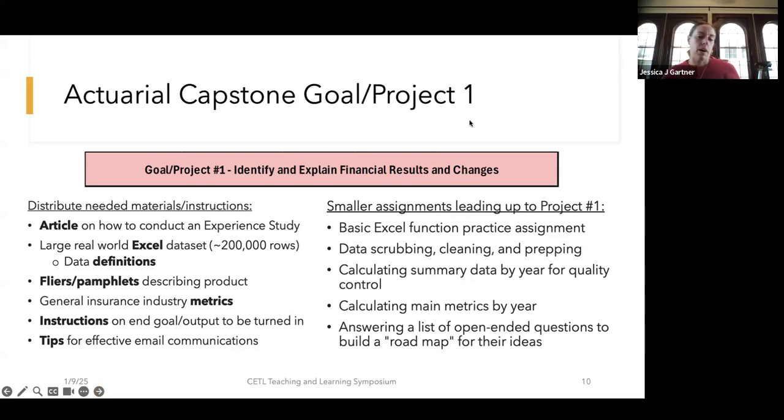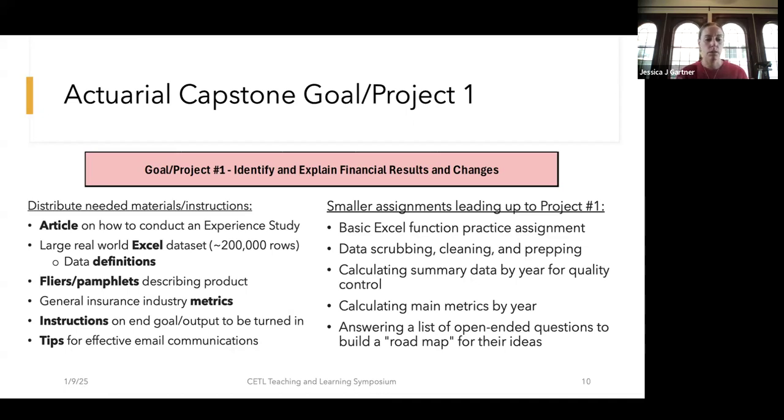And then I also have to go through general insurance industry metrics. Yes, our students go through calculus and statistics, and they learn order of operations, integrals, all this stuff. But we do not teach them general insurance industry metrics. How are we measuring insurance companies' profitability? So I have to go through that with them.